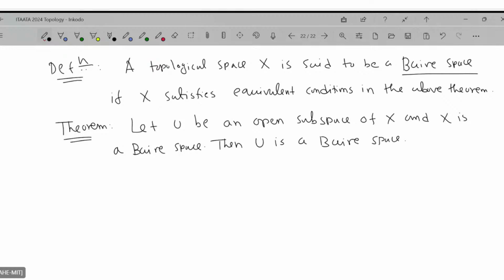Let's try to prove this. Do you have any idea how to prove it?